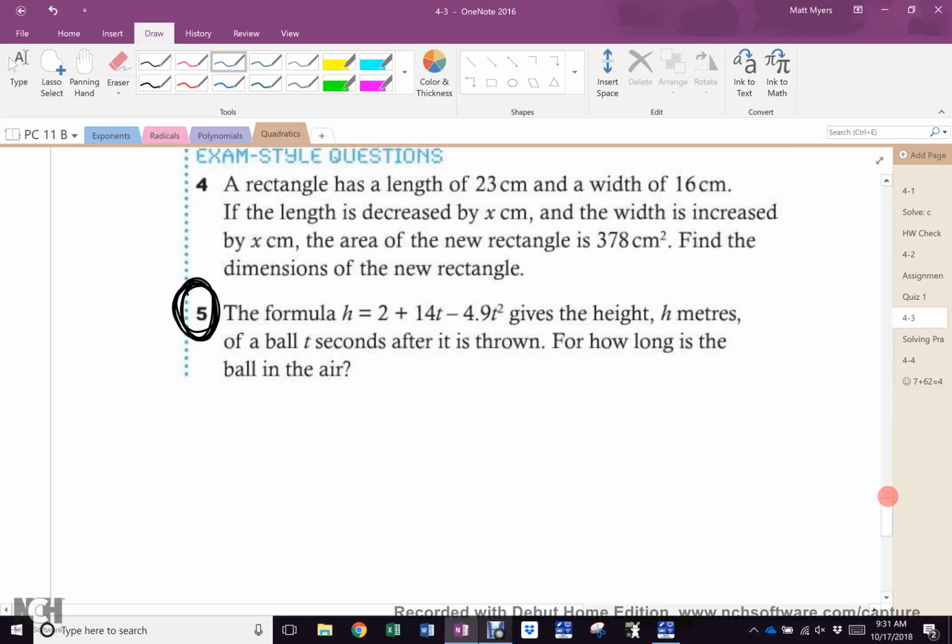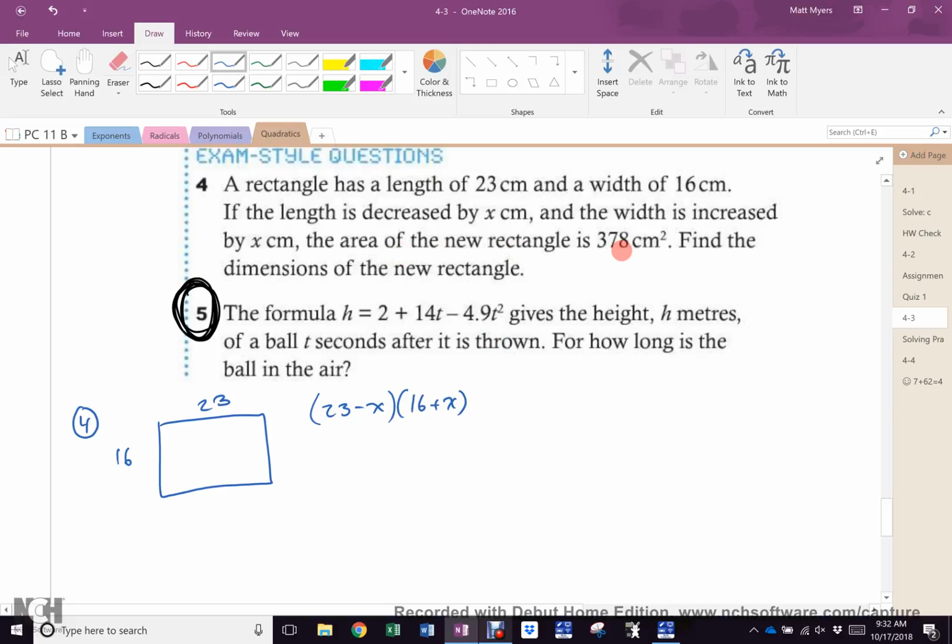Okay, number 4. It's almost the same question, yes? So we're going to do 4. 16, 23. If the length is decreased by x, which of those have you been taught is the length? 23, right? So 23 minus x, yeah? And the width is increased by x, 16 plus x.